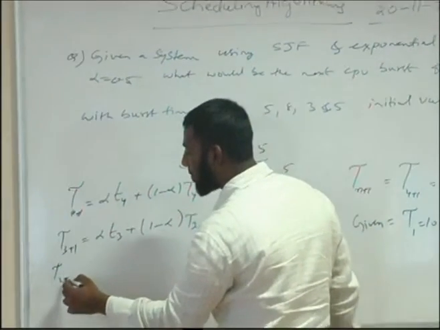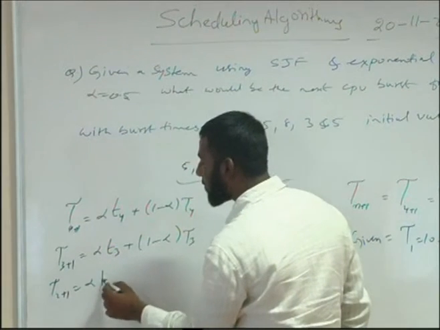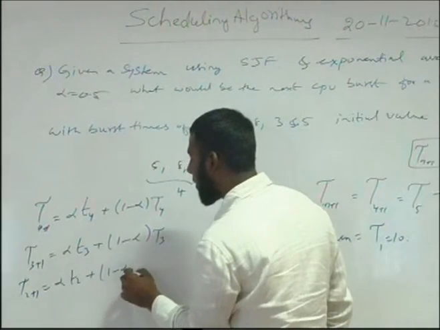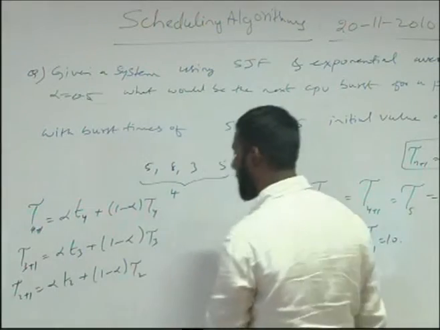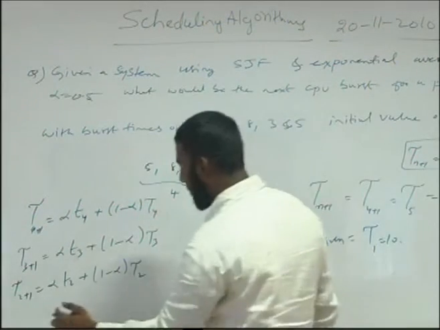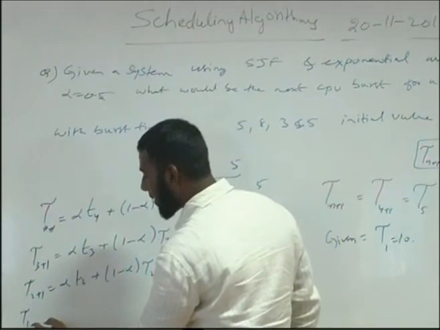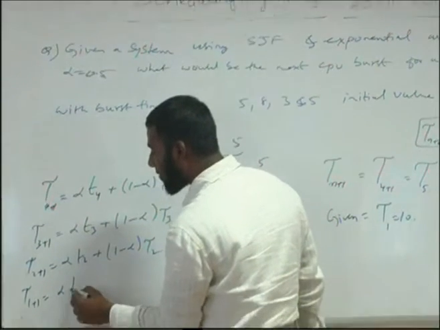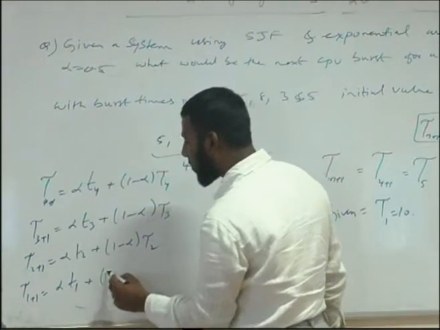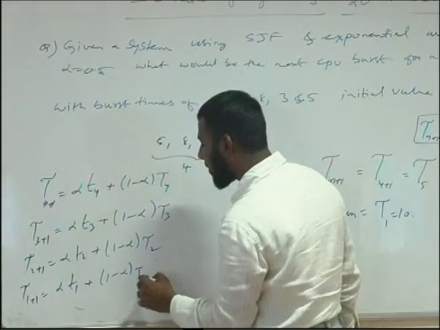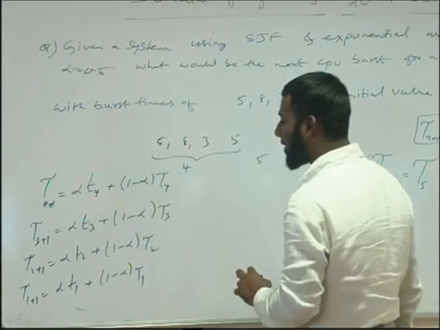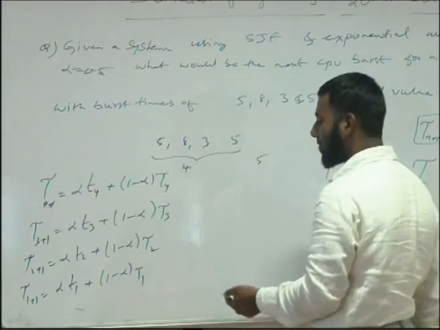So, tau of 2 plus 1 is equal to alpha of tau of 2 plus 1 minus alpha of tau of 2. Again, I do not know tau of 2. So, tau of 1 plus 1 is equal to alpha of tau of 1 plus 1 minus alpha of tau of 1. It is good that we know this tau of 1.